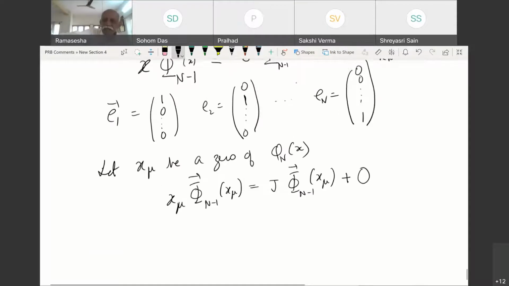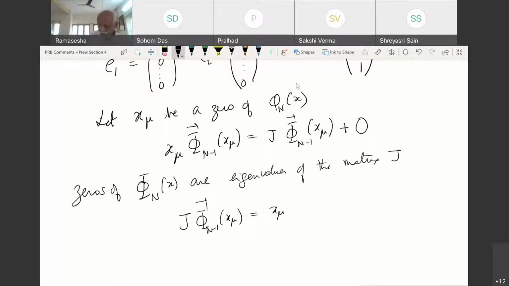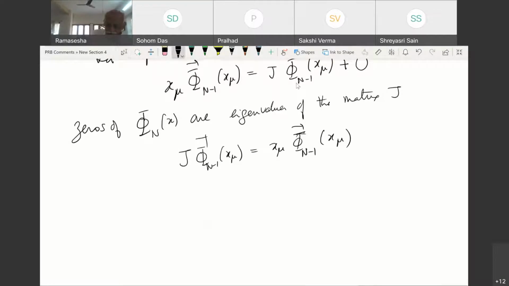So zeros of P n are eigenvalues of the matrix J. So you take P n minus 1 of x mu, and this shows that all its eigenvalues are real.